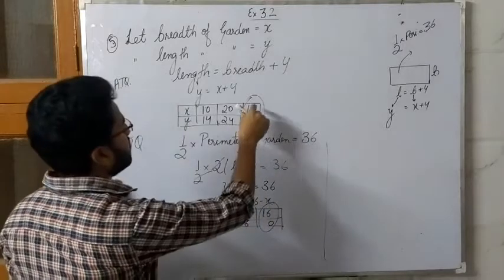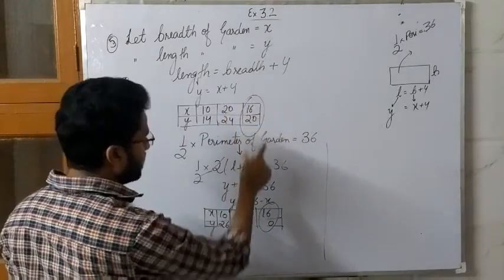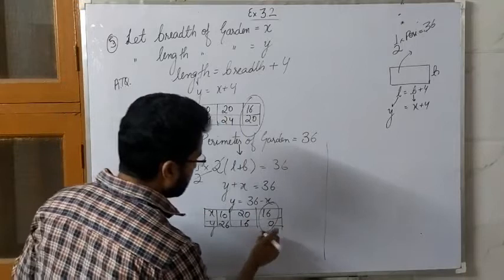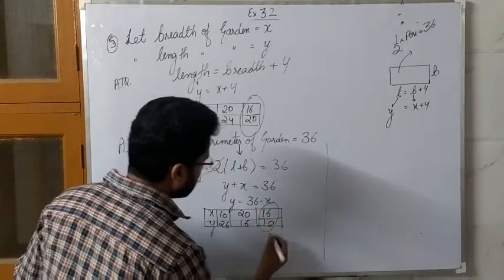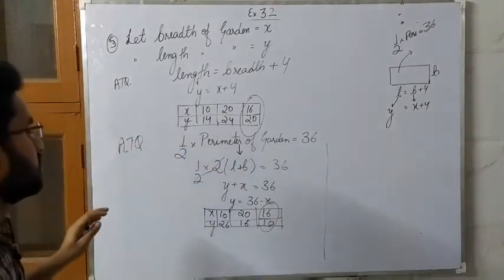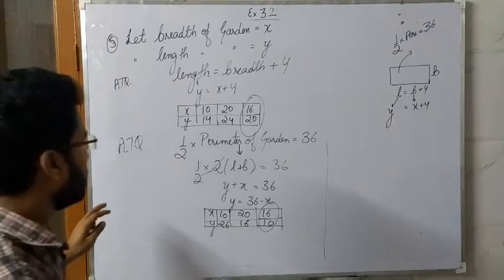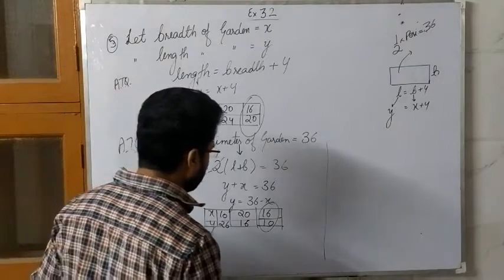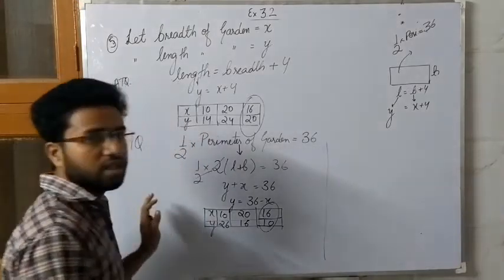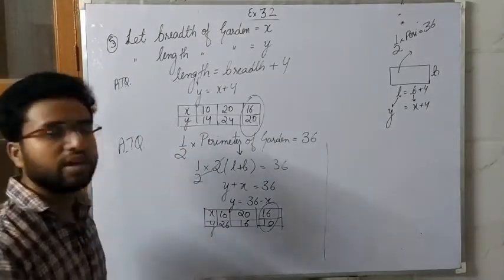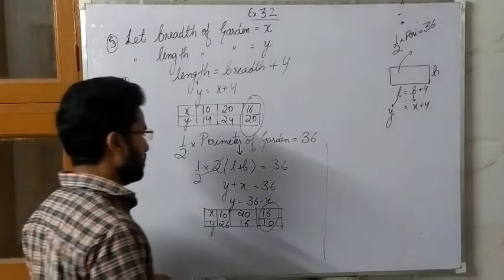This will be how much? 16 plus 4 is 20, and when you put 16, it will come out to be 10. 16 and 10, right? So you need to draw the graph first of all. Then you will be able to find its solution, right? I hope you can draw its graph yourself.